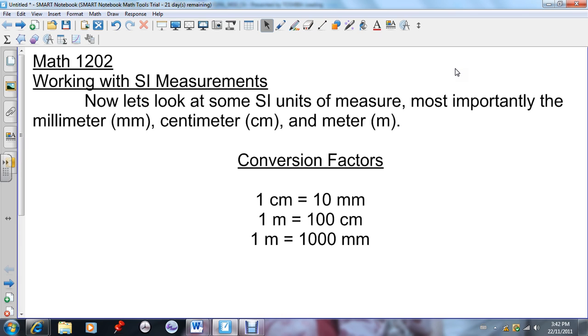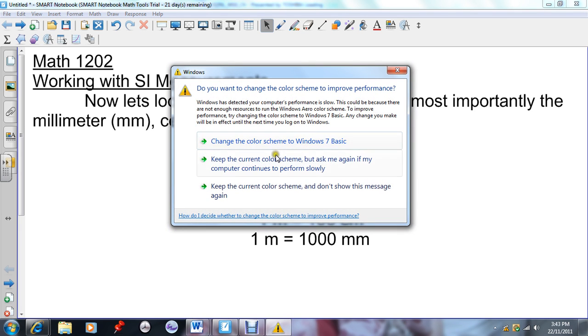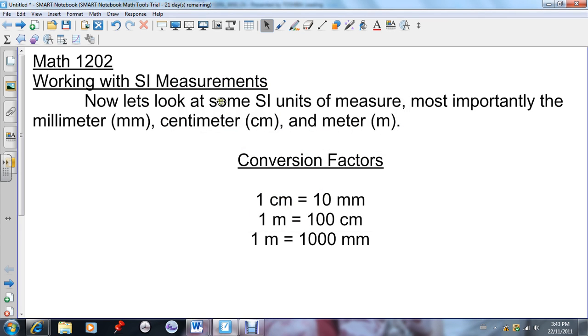Today we're working with SI measurements. When we do measurements with SI units, these are the units that are most common to us. Why? Because it's a universally adopted system for finding distance, or perimeters, or things of that nature. Down the bottom here we have three that are very important.